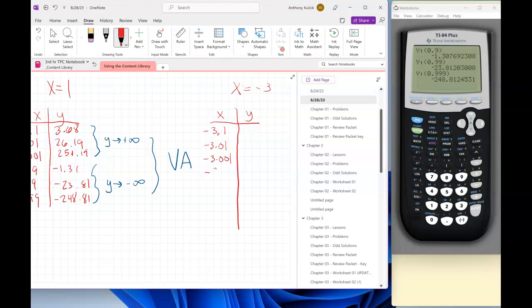And then start with something a little bit bigger than negative 3, and get closer and closer to negative 3. Now it's still the same function in my y equals, right? So I can just keep doing second and enter and adjust my inputs. So here I'm just going to adjust this to negative 3.1, and then just kind of keep going. And 3.01, and then 3.001.